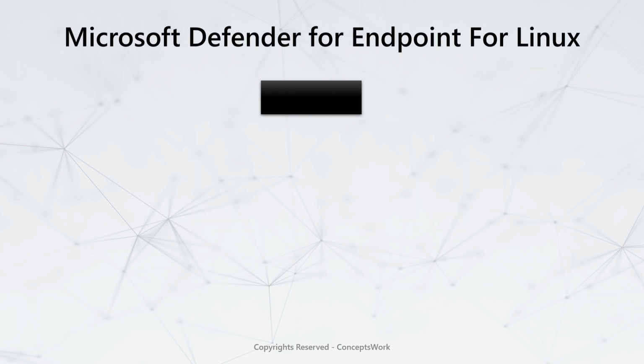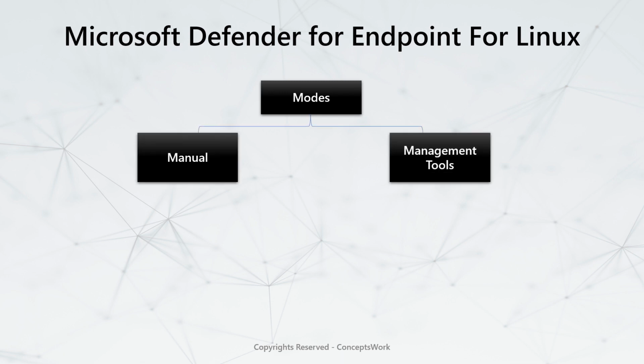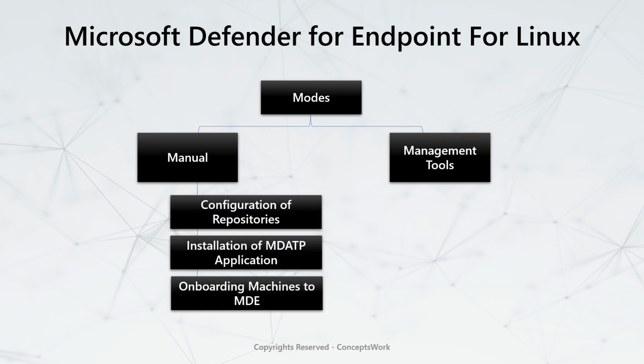Now, for more specific information, if I talk about Windows as a platform, we have two different methods: manual onboarding or direct onboarding, or we can get the onboarding script deployed either through Intune, SCCM, or GPO. Similarly, for Linux as a platform, we have a manual method wherein 3 steps have to be followed.